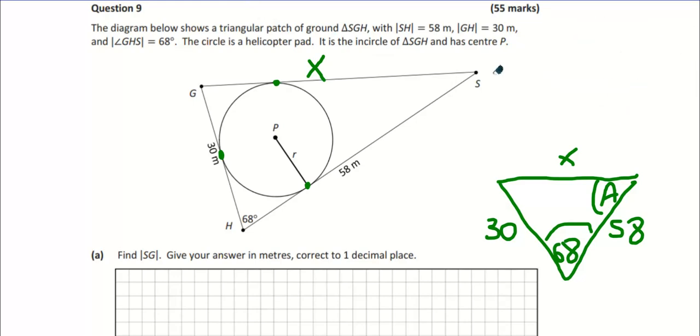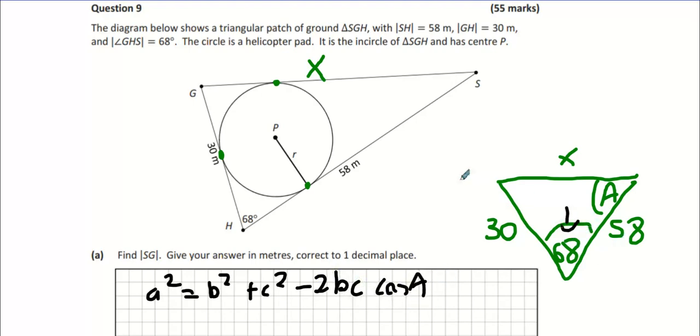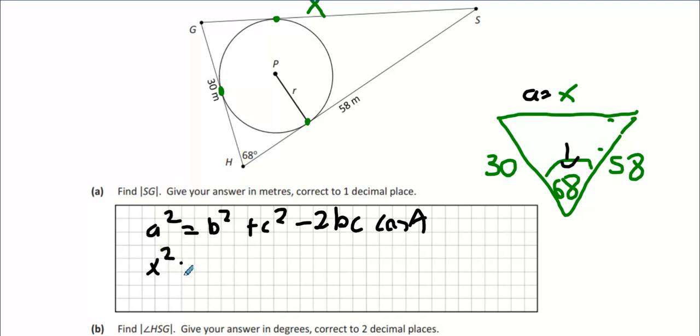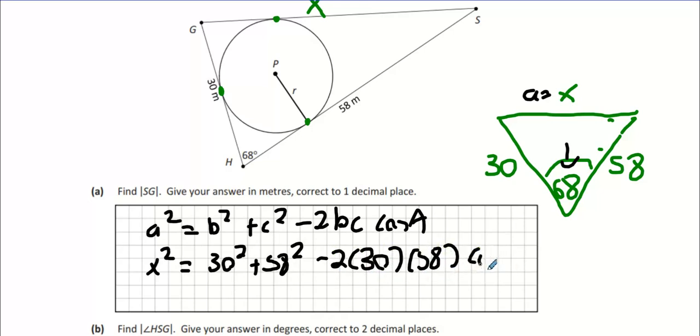So this leaves the cosine rule, which is a squared equals b squared plus c squared minus 2bc cos A. We're going to let A be 68 degrees, and that means that small a will be represented by x. So it's going to be x squared equals 30 squared plus 58 squared minus 2 times 30 times 58 cos 68.